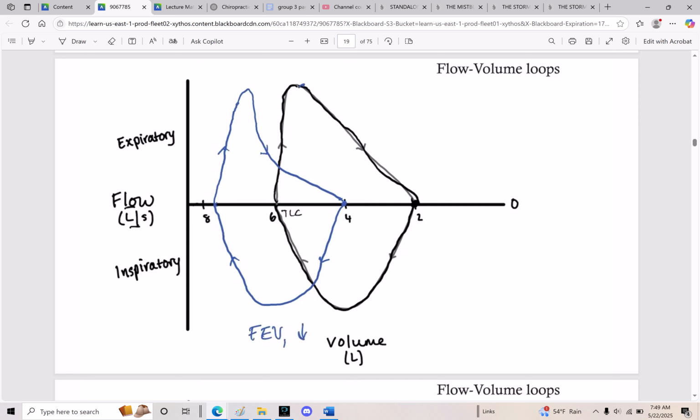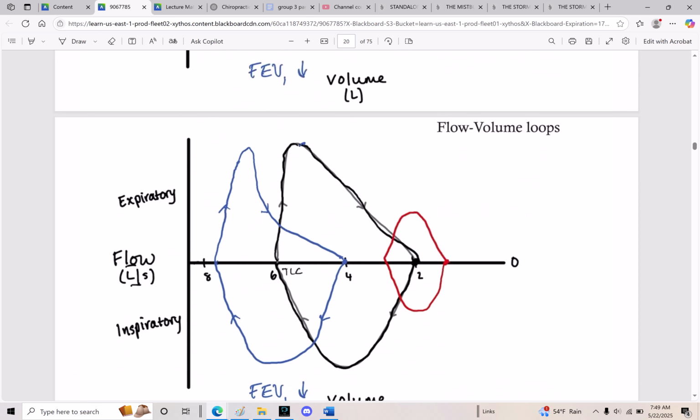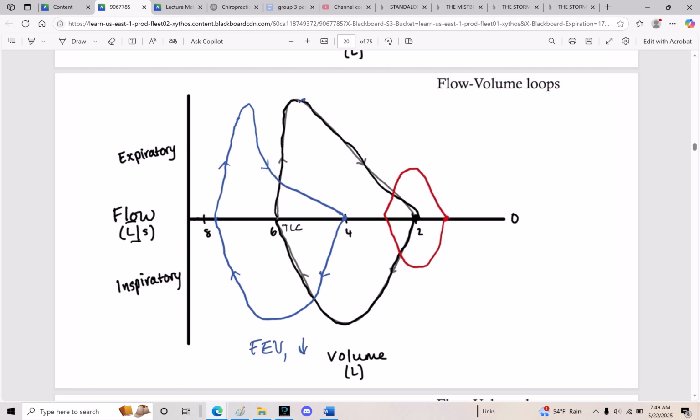Okay? Now, look at the red. What is happening with this person? Compared to the other ones, compared to the black, which is normal, or even to the blue, right? This person is able to breathe in fine and breathe out.